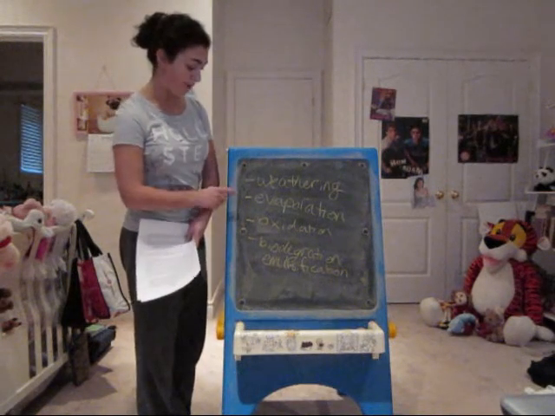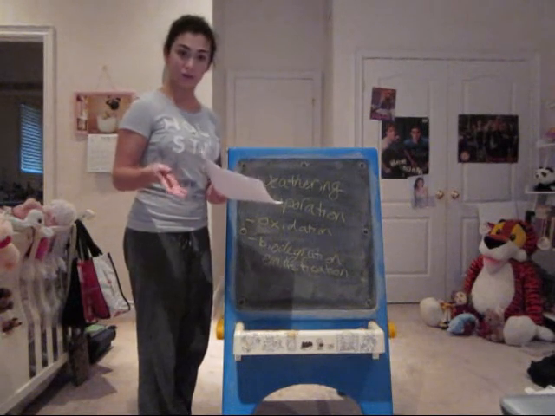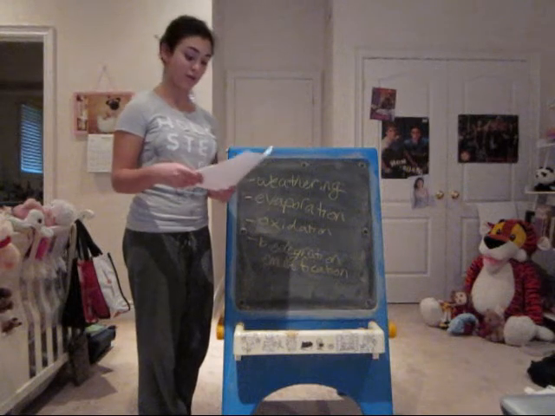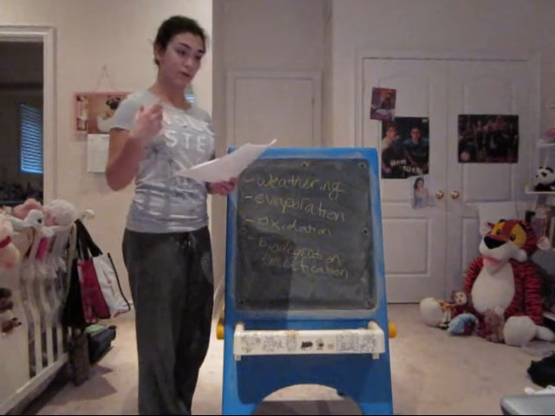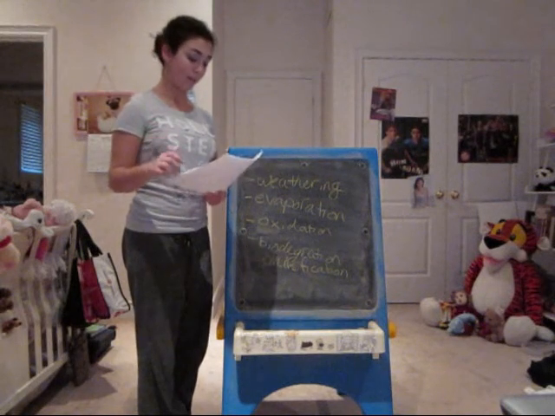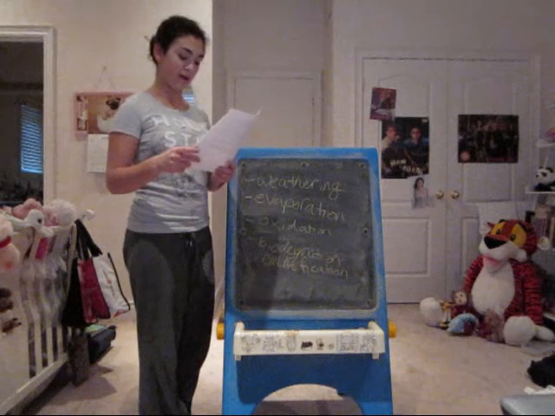So the next one we have here is evaporation. As mentioned earlier, evaporation is when the lighter components of the oil are turned into vapor and placed into the air. However, not all oils can evaporate.